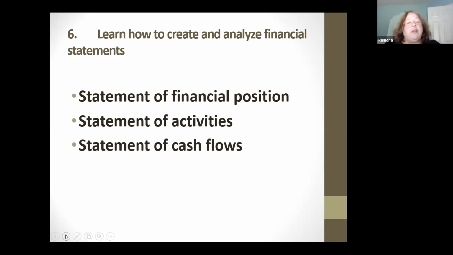So it shows our assets, our liabilities, and our carryover fund balance from year to year as we close our statement of activities, basically our profit and loss items. As we close those in, that carries forward every year as our net fund balance.